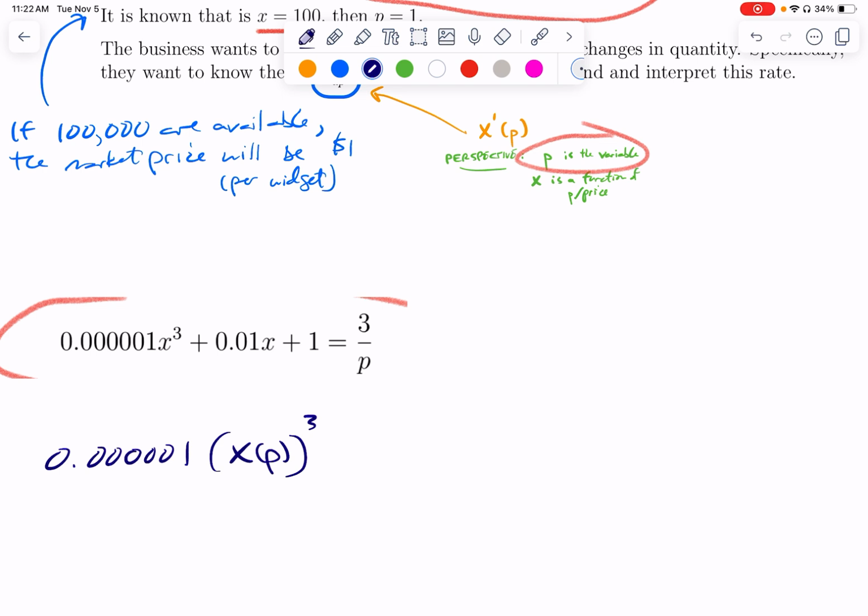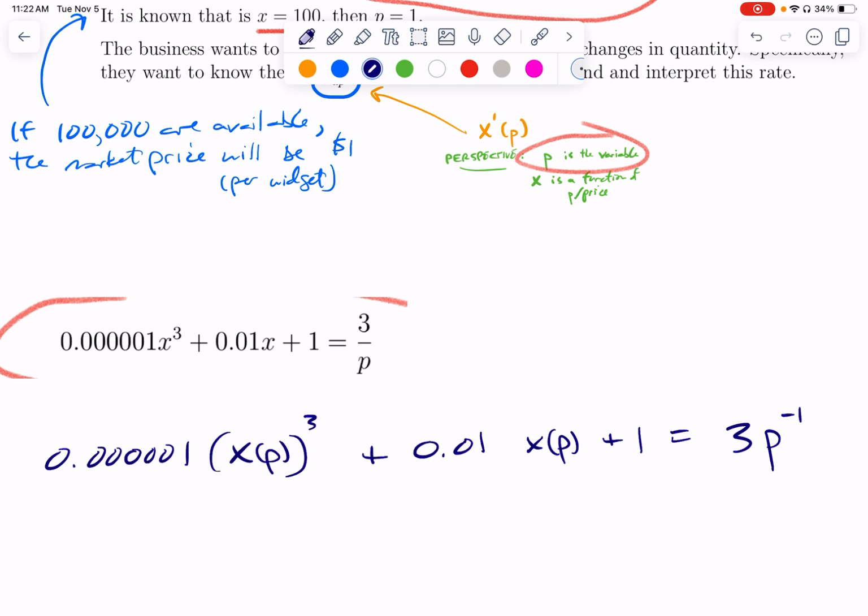So it is x of p. And then the next one here, again, I want to emphasize, I don't really need those parentheses. x is a function of price, plus 1 equals 3 over p, which I'm going to write as 3 times p to the negative 1, because I know I'm going to take derivatives pretty soon.